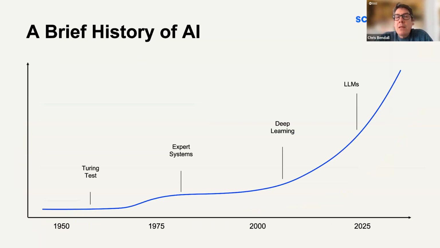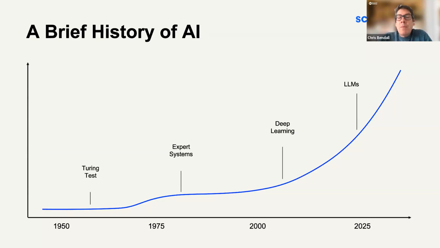But briefly, a little bit of a history of AI. And what I'm showing you here is interest in AI since 1950. And while this curve looks quite smooth and ever increasing, actually, during this period, there have been times when research into AI has really stalled, interest has decreased, so-called AI winters occurred at various times through this period.